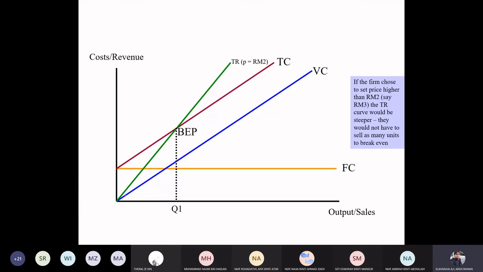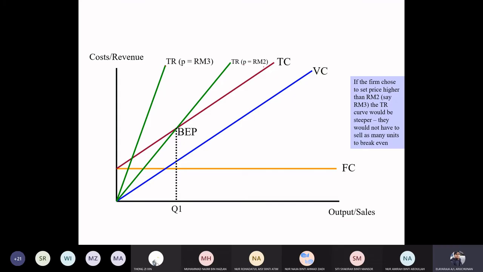Initially the price was $2, now the firm decided to change its price to $3 per unit, so your line becomes steeper. What will happen? This firm would not have to sell as many units to break even.